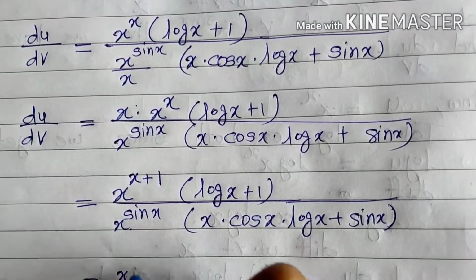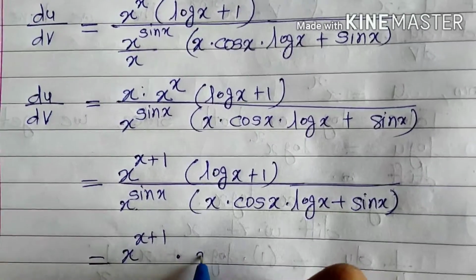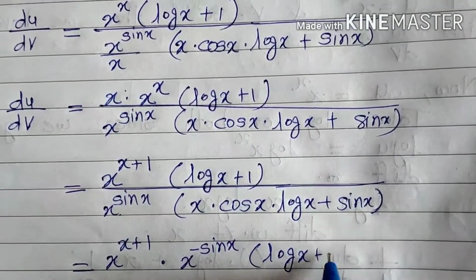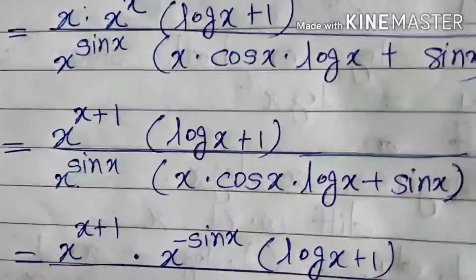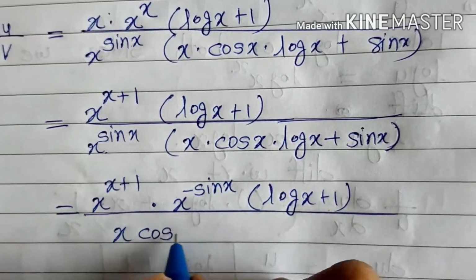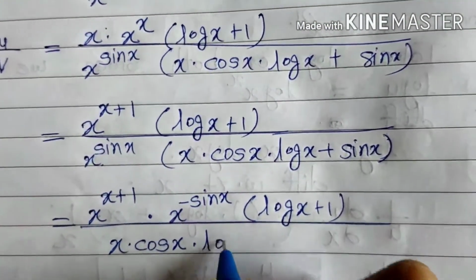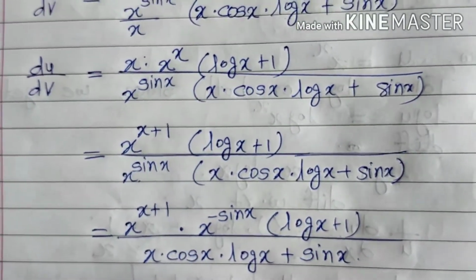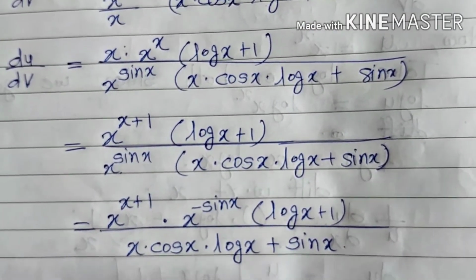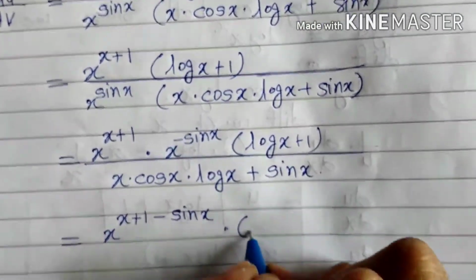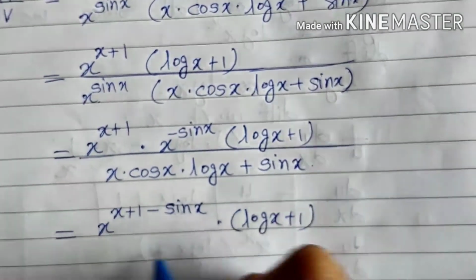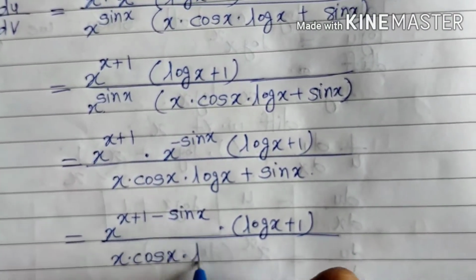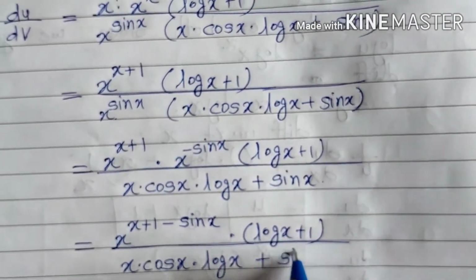Using laws of indices, this becomes x raised to minus sin x. So x raised to x plus 1 minus sin x into log x plus 1 upon x into cos x into log x plus sin x.